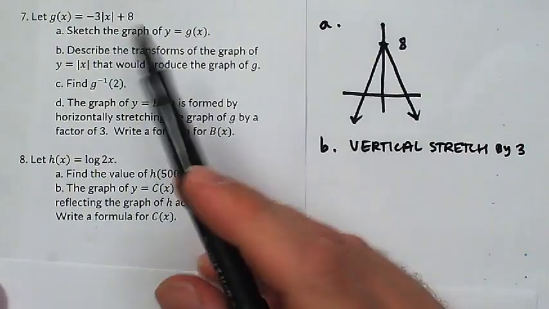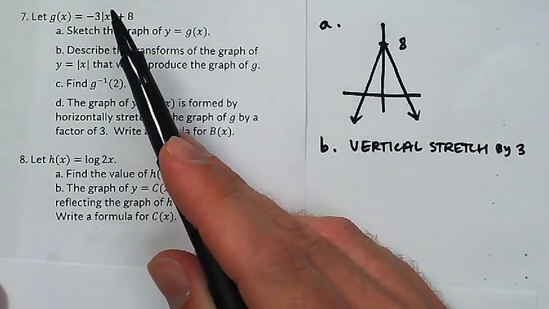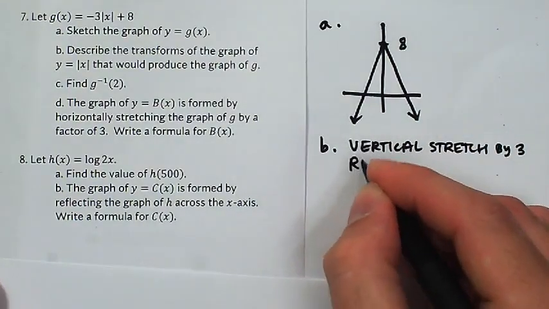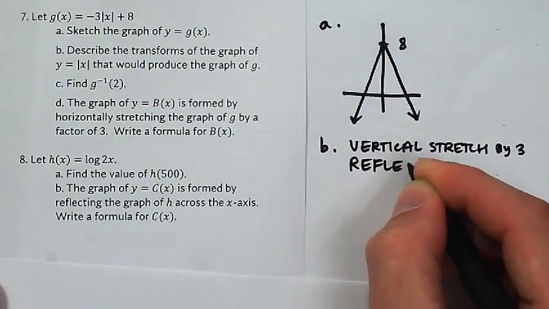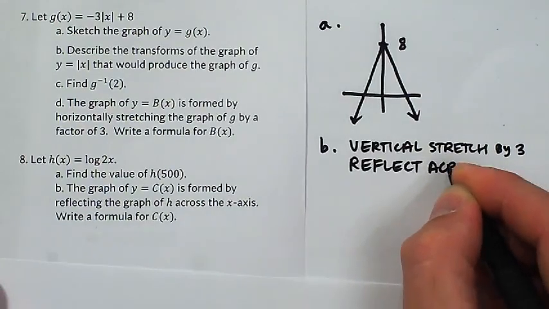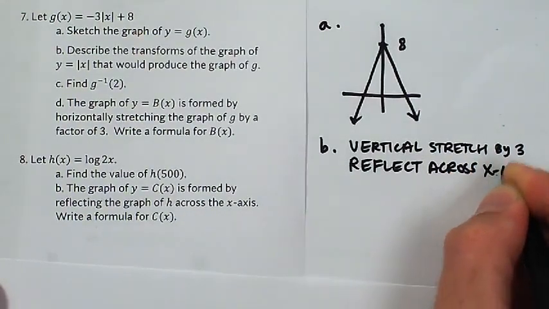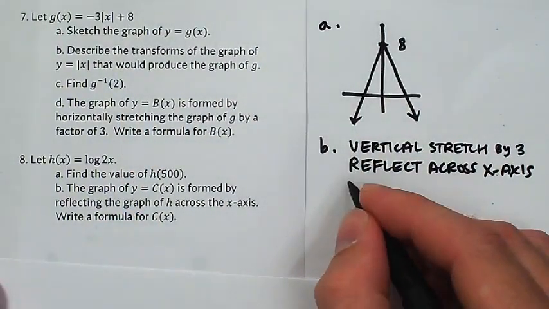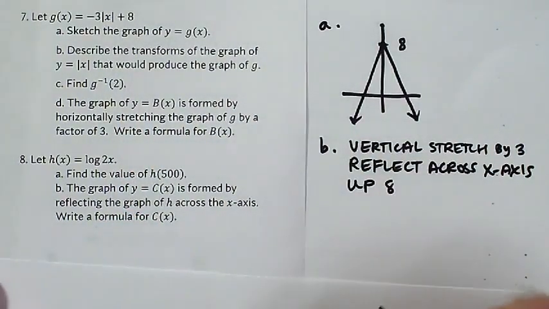Then we multiply by negative 1 on the outside, which is a vertical reflection, a reflection across the x-axis. And then the plus 8 is just going up by 8 units.